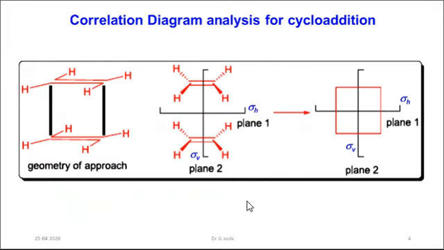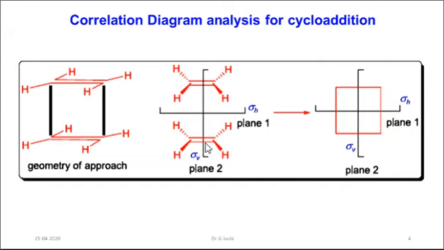Before starting the correlation diagram method, let us consider a 2 plus 2 cycloaddition system. We'll take it as an example to demonstrate how to examine the sigma V and sigma H symmetry in such systems.